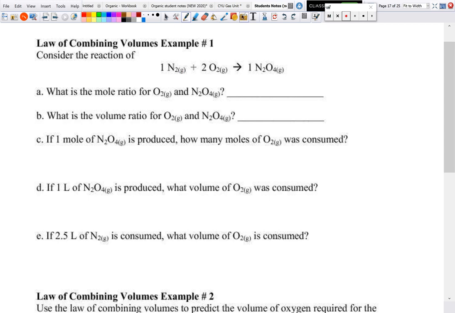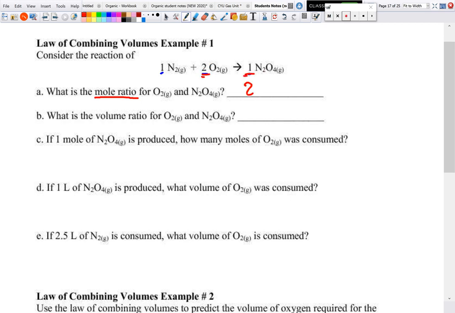Now we'll notice on the previous slide it said that they always react in simple whole numbers, and these simple whole numbers come from our balanced chemical equation right here. That's why when we balance we always have simple whole numbers. Now this mole ratio is basically from our coefficients. If we look at comparing oxygen and dinitrogen tetroxide, we can tell that there are 2 oxygen molecules for every 1 dinitrogen tetroxide.